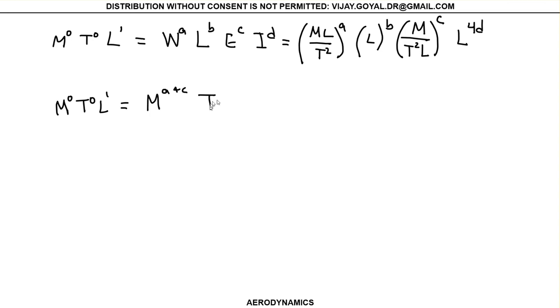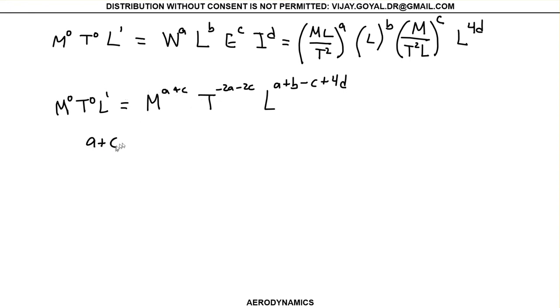And then time will be minus 2A minus 2C, since I got a time squared and time squared to the C. That's where that comes from. And then for L, I'm going to have A from here, plus B, minus C, plus 4D. Okay, so now we start comparing on both sides.